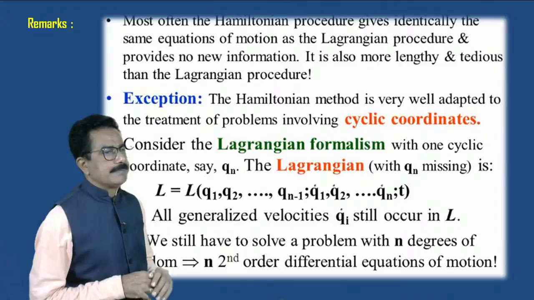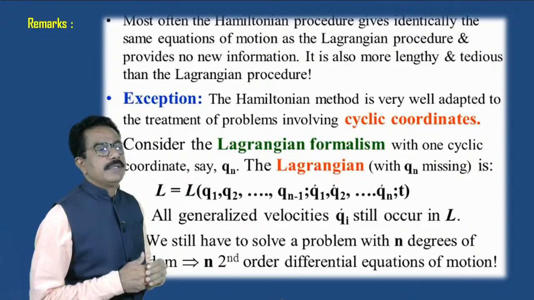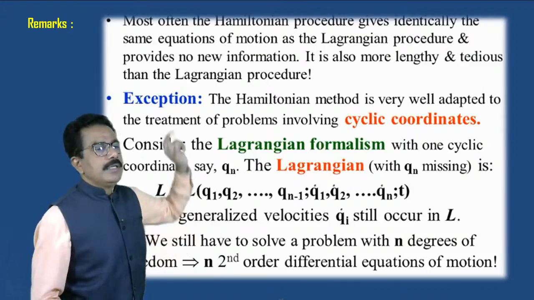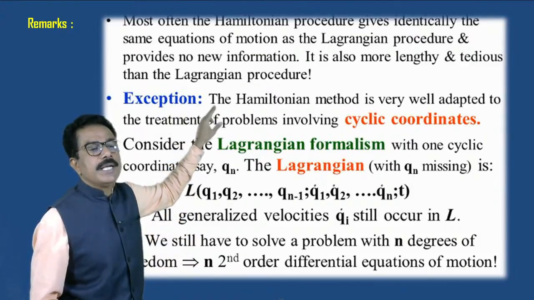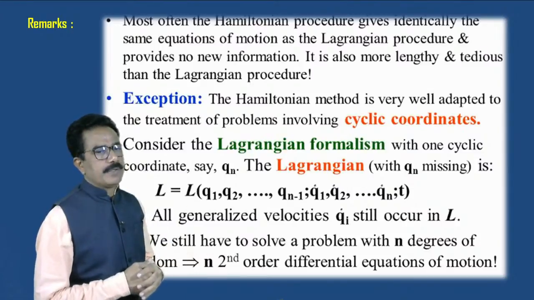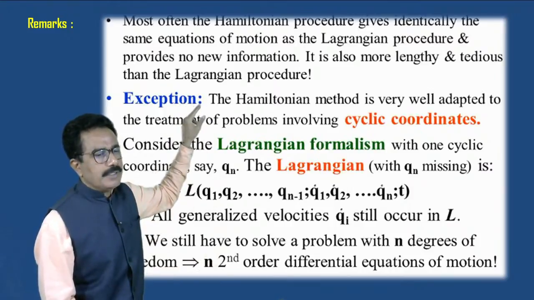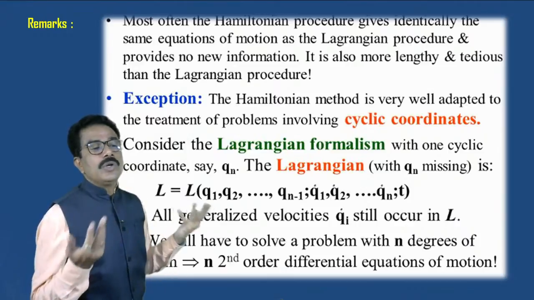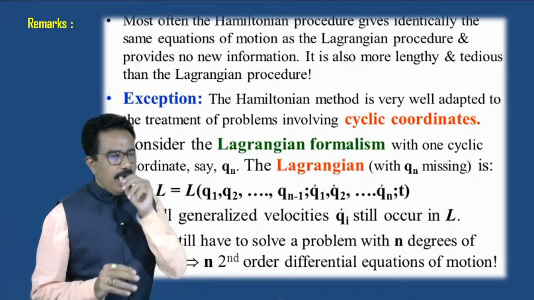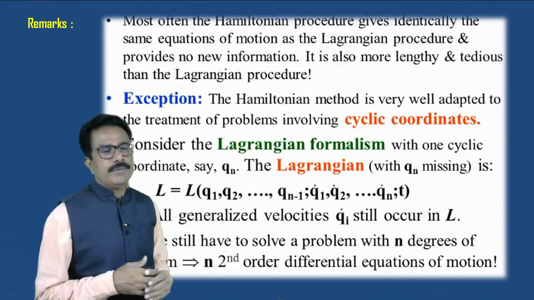Which are those? The first remark, see this: most often the Hamiltonian procedure gives identically the same equation of motion as the Lagrange's procedure, provided no new information. That means the Hamiltonian equation of motion is similar to the Lagrange's equation of motion.